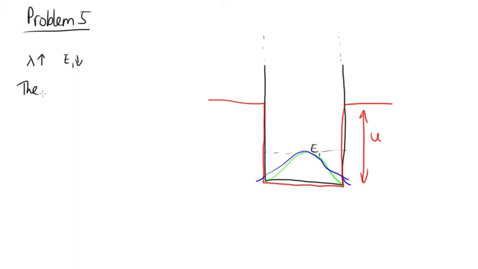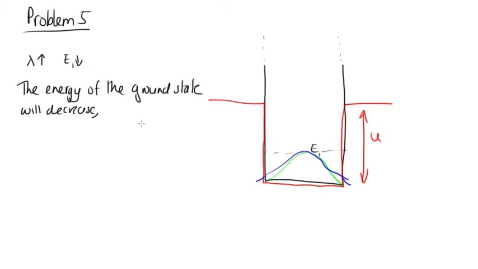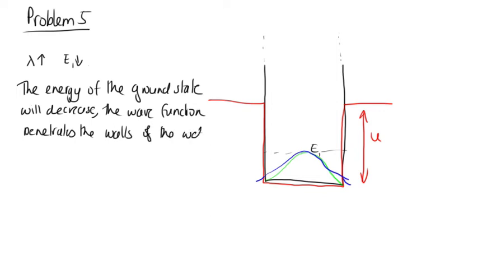So the energy of the ground state will decrease. Things with a longer wavelength, like red light, have lower energy than blue light, which has a shorter wavelength. So the energy of the ground state will decrease, the wave function penetrates the walls of the well.